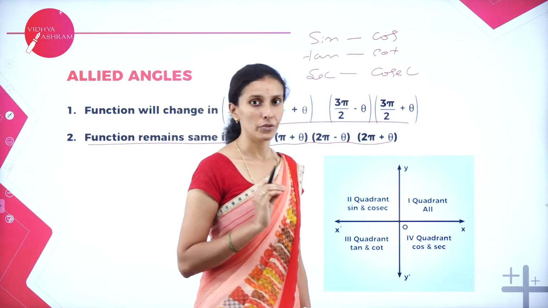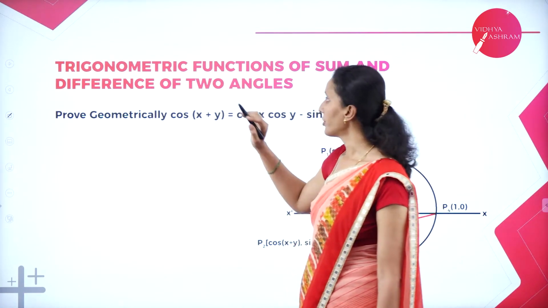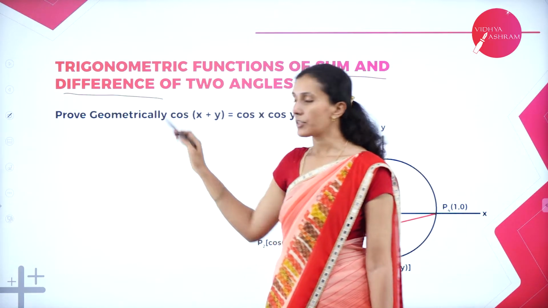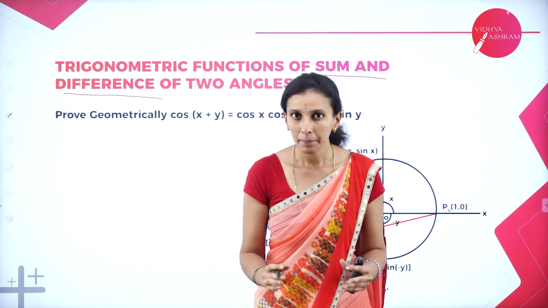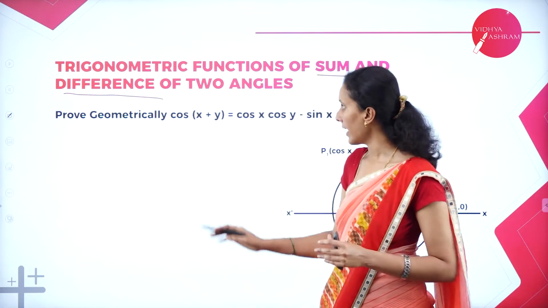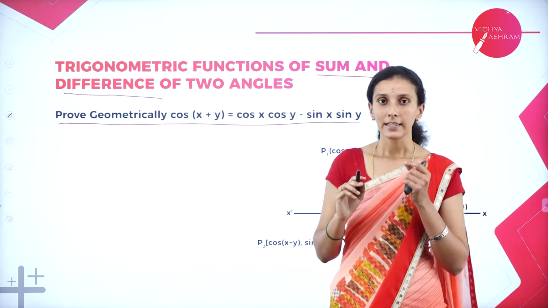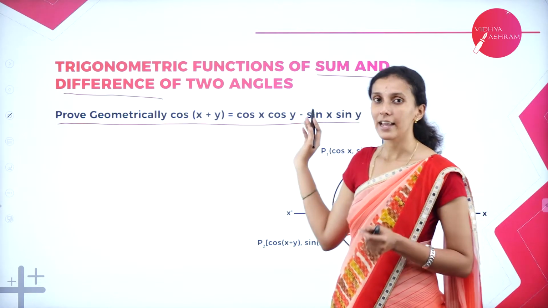According to your syllabus, we have the functions of trigonometry in terms of sum and difference, which you will learn as identities. But one important derivation for this is: prove geometrically that cos of x plus y is equal to cos x cos y minus sin x sin y.